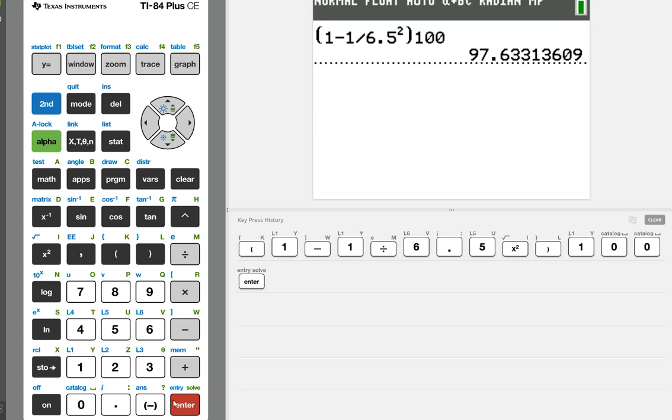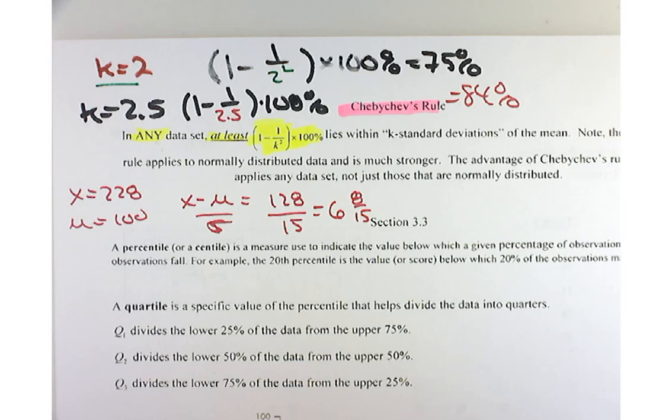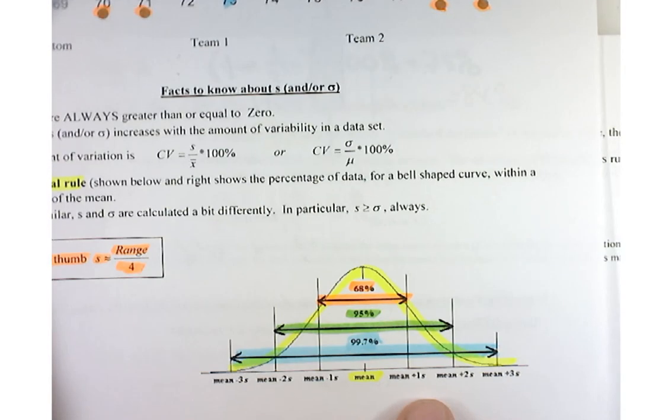So yeah, that says she's smarter than about 97.6% of the data should be within 6.5 standard deviations away from the mean. That's a minimum though. That's a minimum percentage. Keeping in mind that the empirical rule applies for normal data.